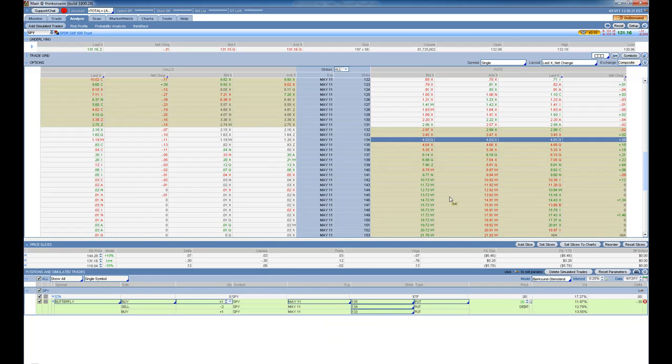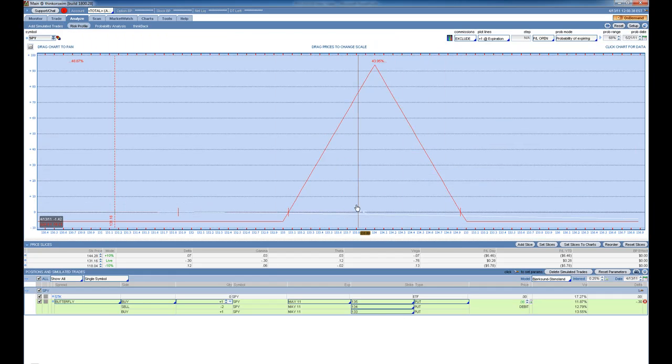So we're going to buy a butterfly, and what we've done is we bought the 134. We've sold the 134, 2 of those, and we bought one of the 135 and one of the 133 put butterflies. So that's a standard butterfly.